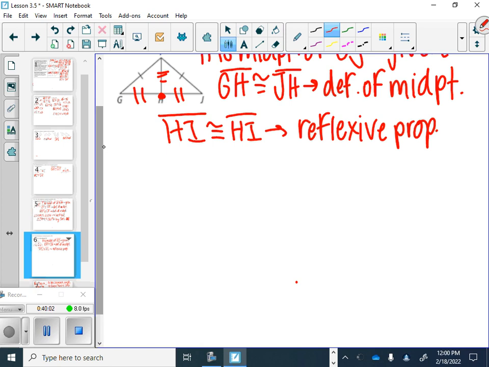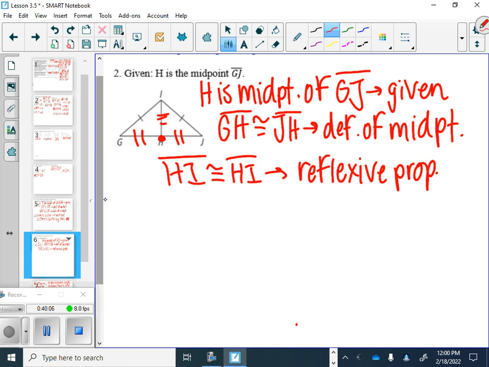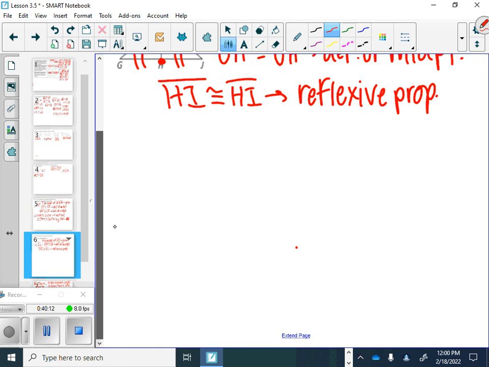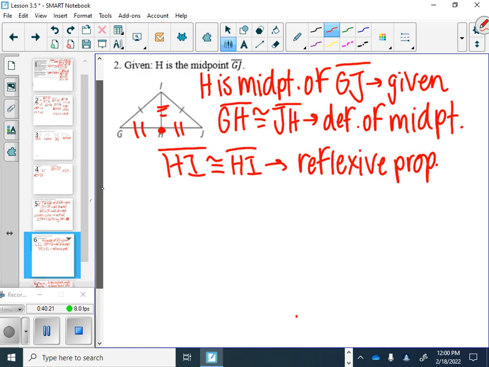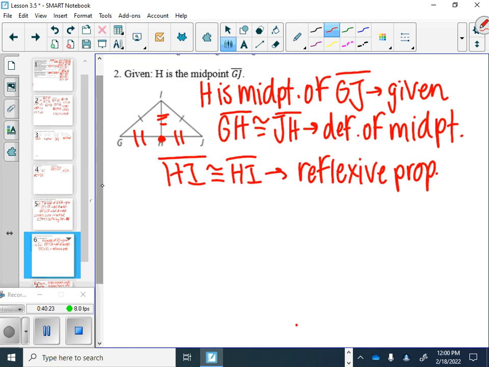Alright, so have I listed out a reason for each side? Yes? Okay, got 3 sides. So I can say, oh wait, no we didn't. I'm sorry. We missed one. IJ and IG. Okay, I was given that. Sometimes you are given something but it doesn't specifically state it in your given.